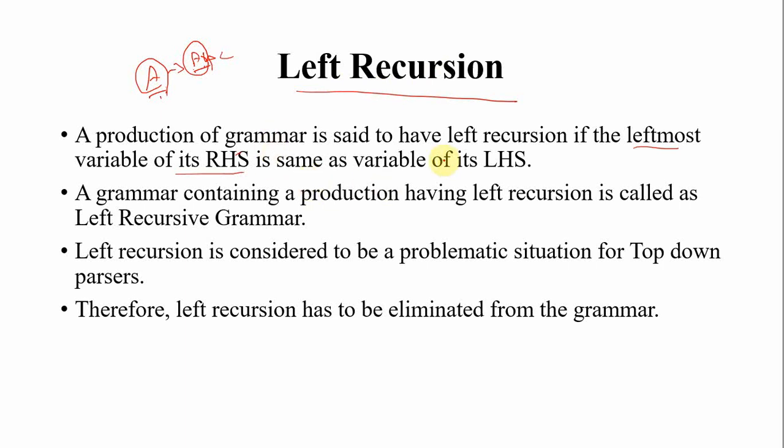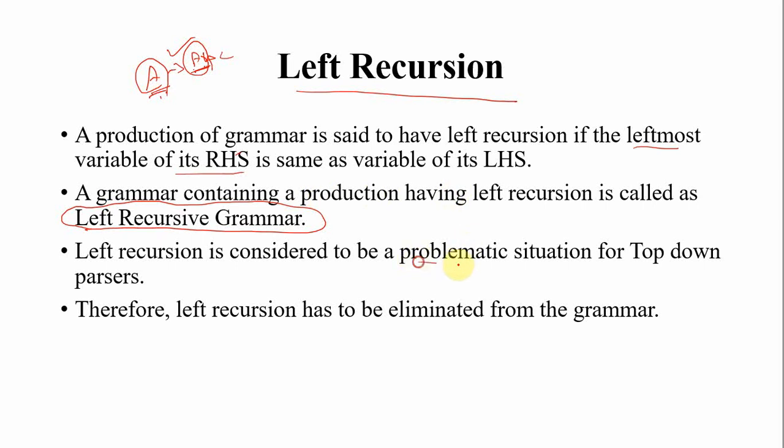A grammar containing a production having left recursion is called a left recursive grammar. Again, you need to remember this property. When can we say a grammar is left recursive? If we have a left recursive production. What is left recursion? If the left hand side variable and the leftmost variable on the right hand side are the same, then it is left recursion.